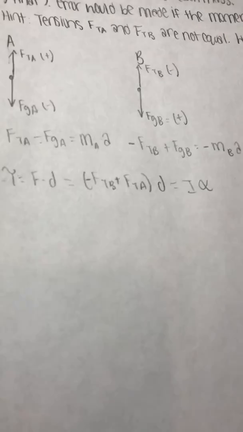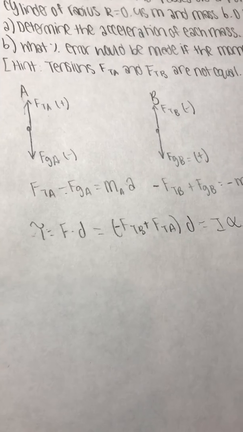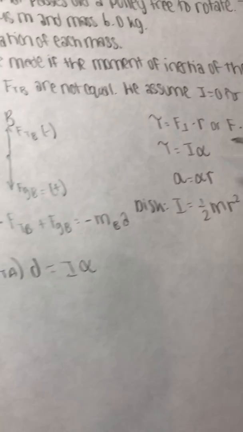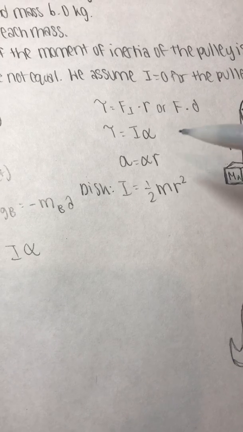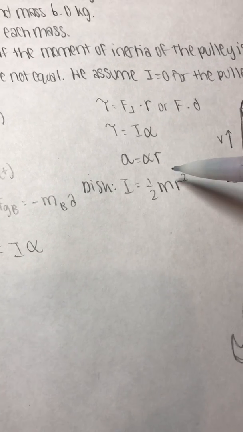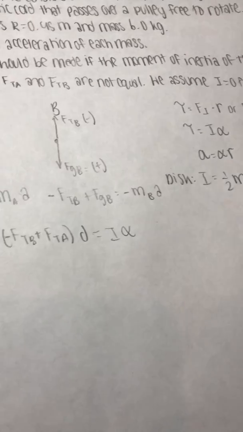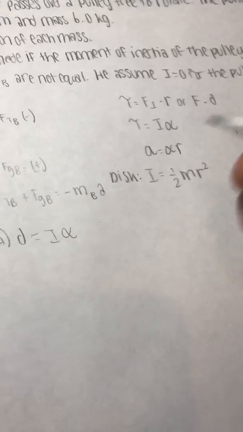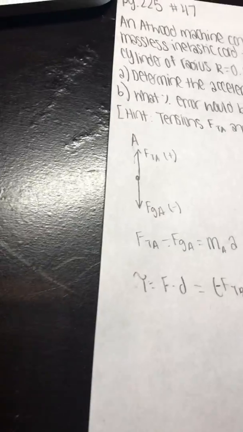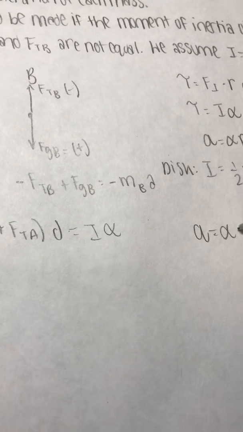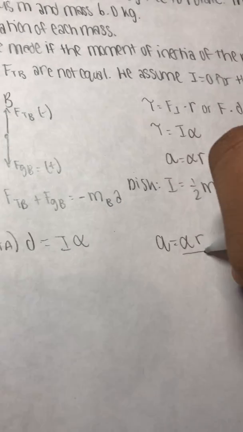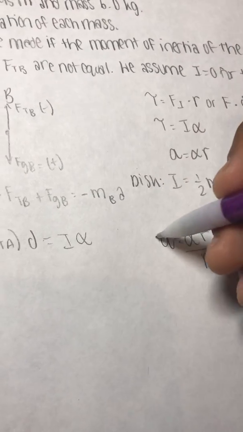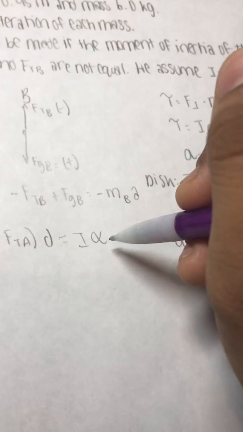So then what I would do is that I want to solve for normal acceleration, right? So that's when this equation comes into play, because I know that acceleration is equal to angular acceleration times r tangential. Just making that clear. So I'm going to rearrange this equation, right? We know that a is equal to angular acceleration times r, and I'm going to solve for angular acceleration so I can plug this in.